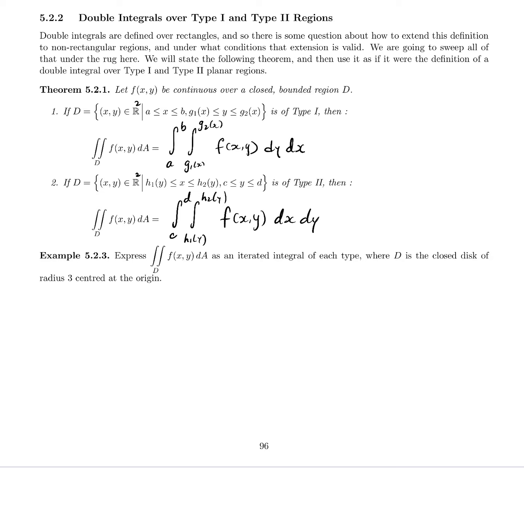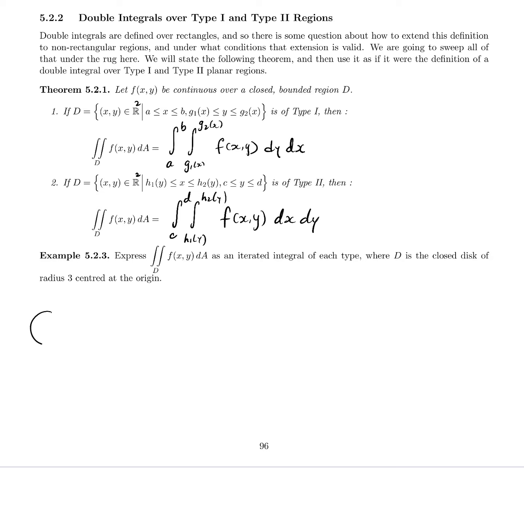So let's go and use these in the next example to see what variable bounds look like, and then in the next video we'll see how to actually go about evaluating iterated integrals with variable bounds. So example 5.2.3, we're asked to express the double integral over D of f of x y dA as an iterated integral of each type, type 1 and type 2, where D is the closed disk of radius 3 centered at the origin.